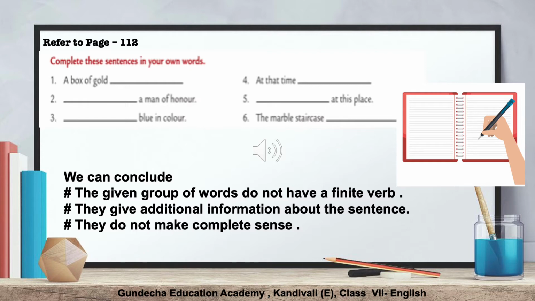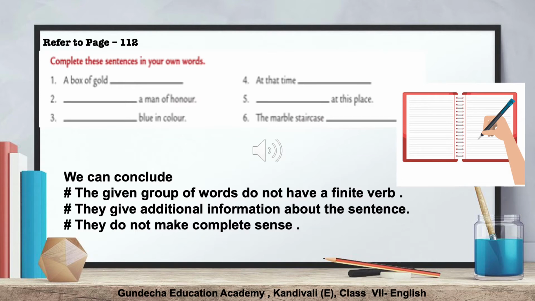So same way you will have to complete all the 6 sentences, write it in your textbook, and by doing that you will understand that the part of the sentence which is given to you is actually a phrase.